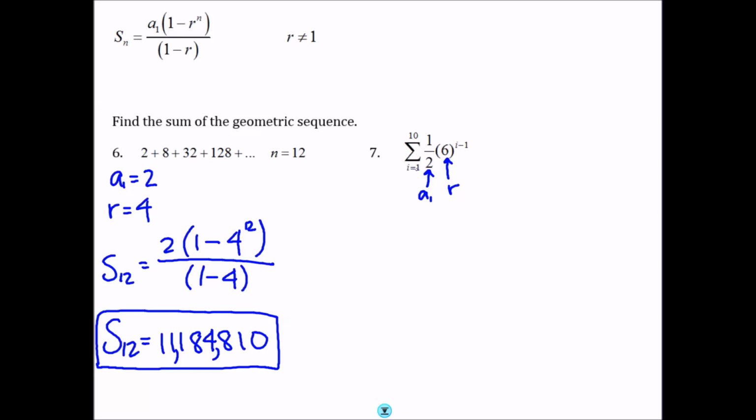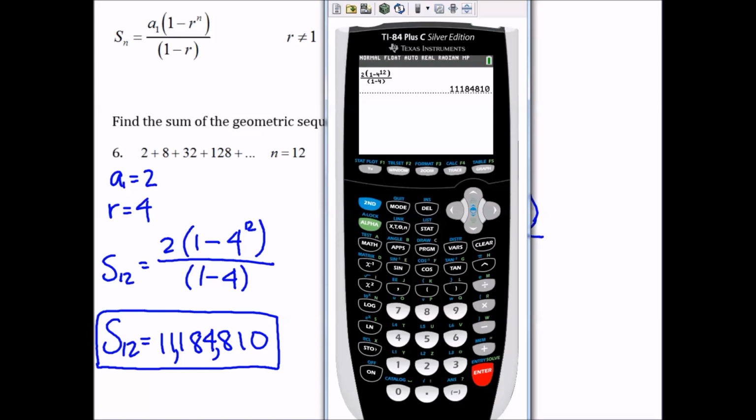We can see we are starting with the first term and going until the 10th term. So n would be 10. So we can plug this into the formula. And type that in the calculator.